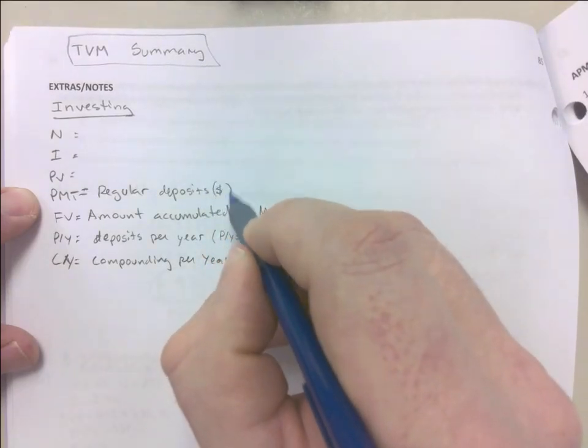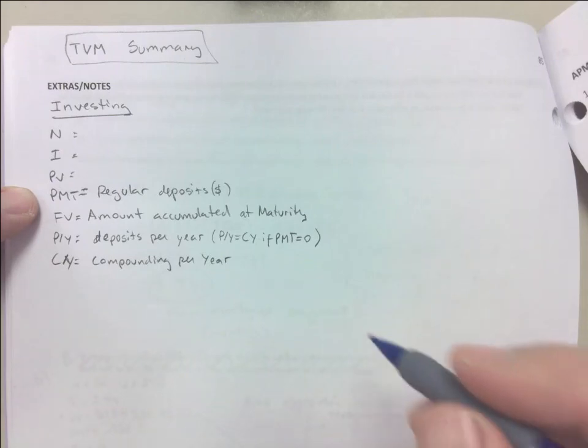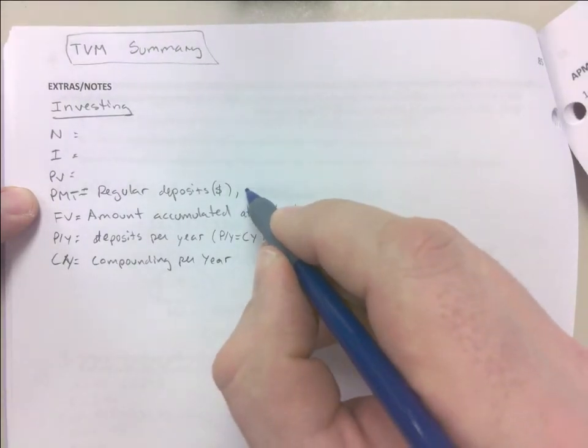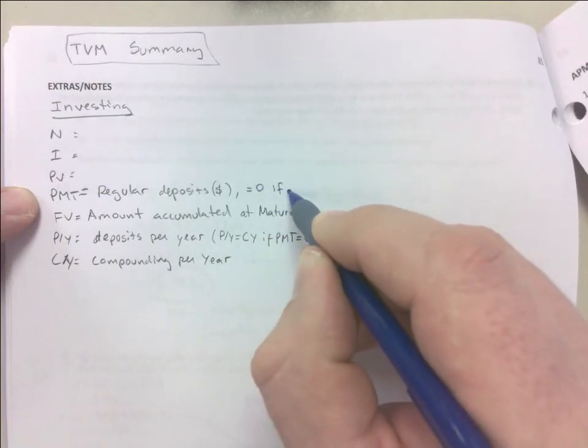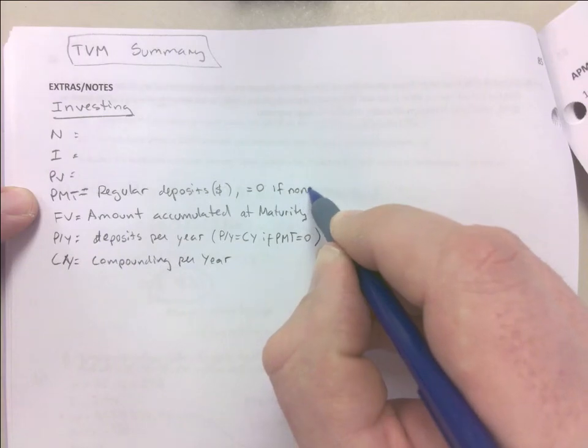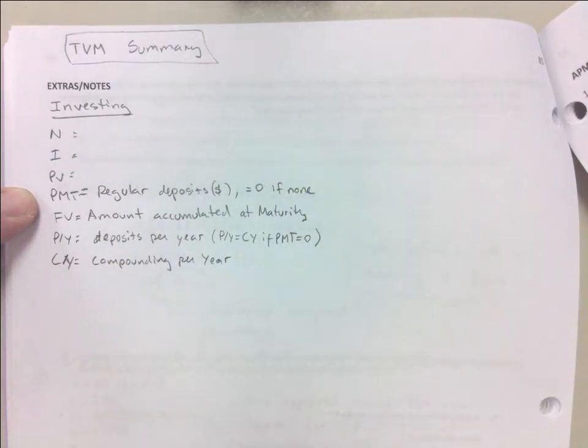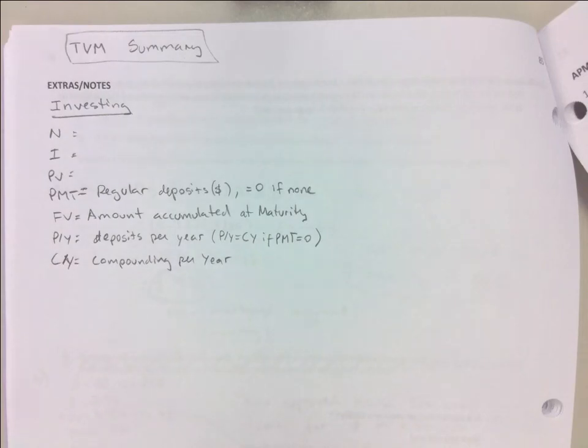In dollars, okay, so that's a dollar amount. Equal to 0 if none. Okay, if you're not making regular deposit, you set it to 0.